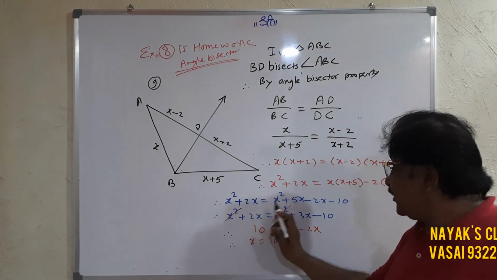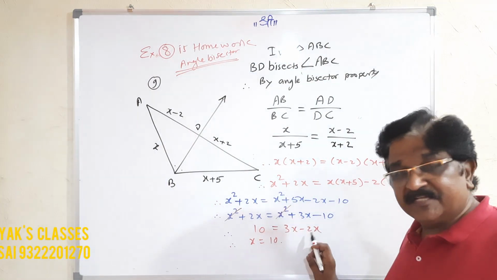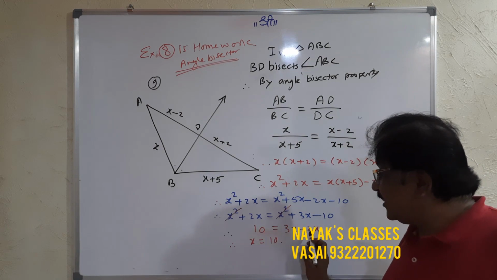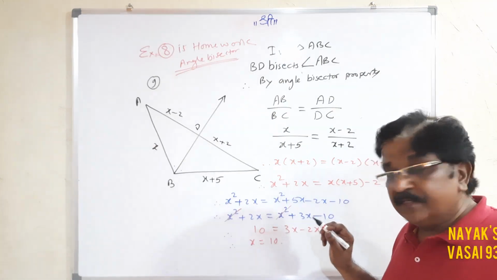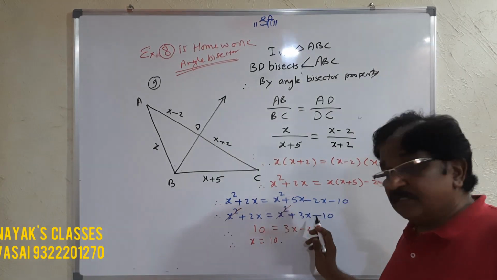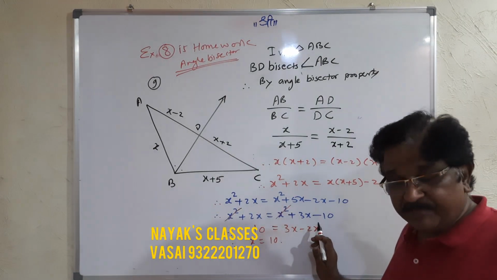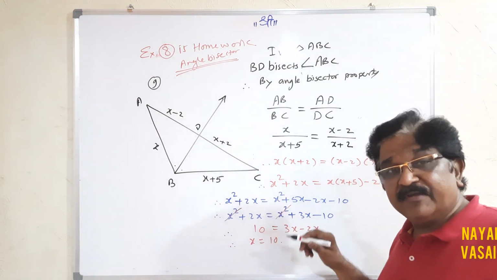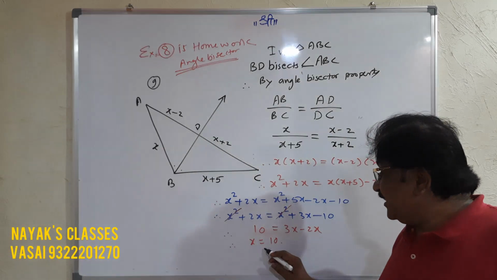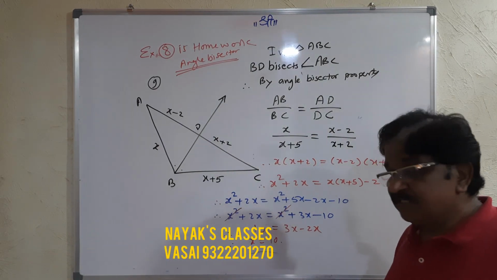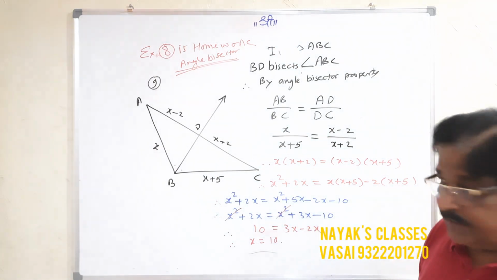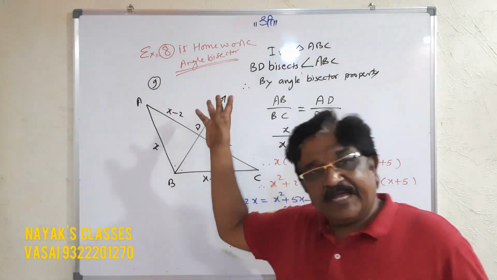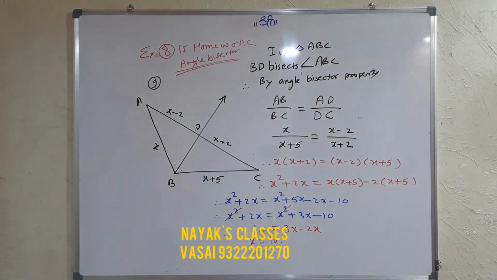So transfer this 2X to the right hand side, it will become minus, and this minus 10 you transfer to the left hand side, it will become plus 10, and the final answer is X is equal to 10, which they have asked us. This is the 9th example I have solved. The 8th you have to do by the angle bisector theorem. Very nicely done.